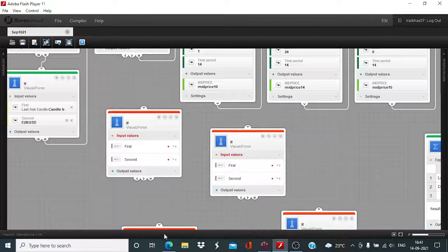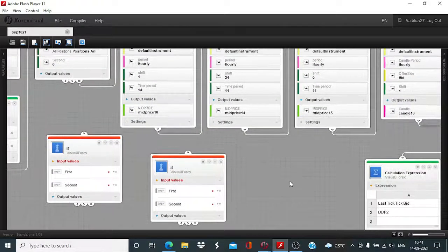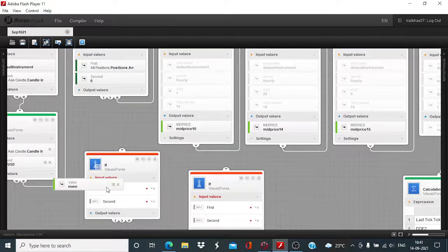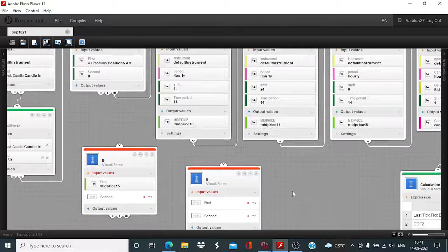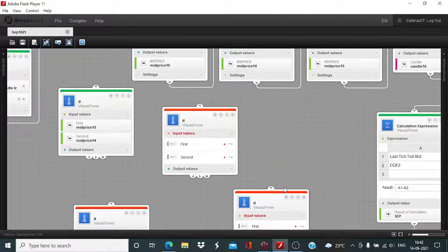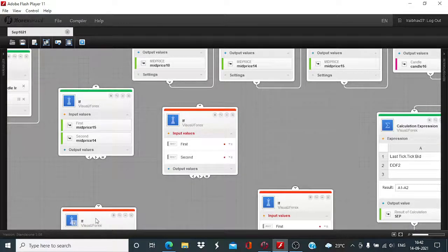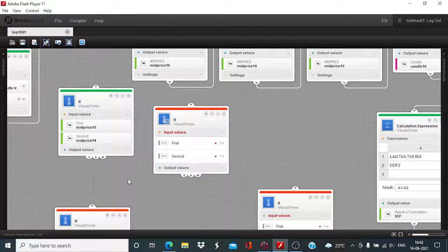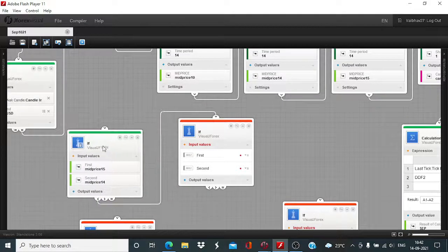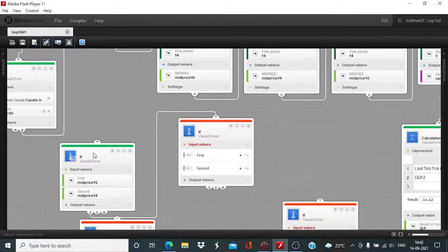Now I will have to take mid price 15, which is the current mid price output value, and compare it to the mid price 14. And since we also want to make sure that we are trading with the trend, here the first input needs to be lower compared to the second input.